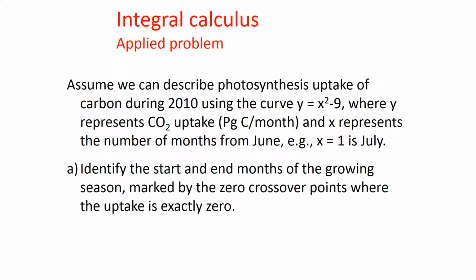So we could solve that equation for y equals 0. So we could set 0 equals x squared minus 9. That's actually quite easy to solve because you just say 9 equals x squared.